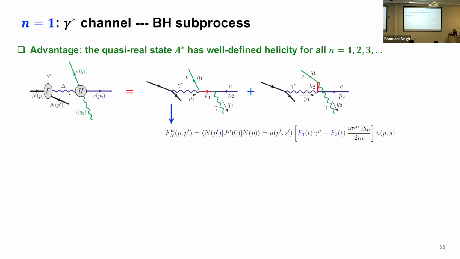And now we know that the transition from a diffracted nucleon to a photon is described by the matrix element of this electromagnetic current, and this is described by the form factors F1 and F2. So it's not given by GPDs, it's given just by the electromagnetic form factors, the same as what we have in the elastic scattering of electron and proton.